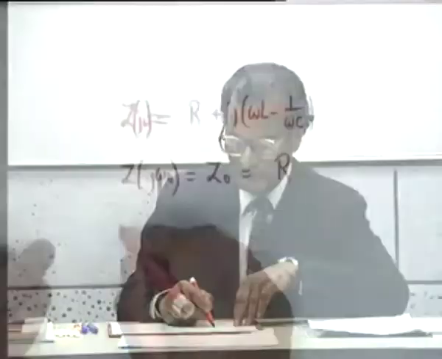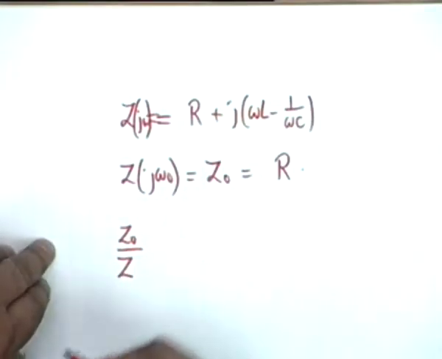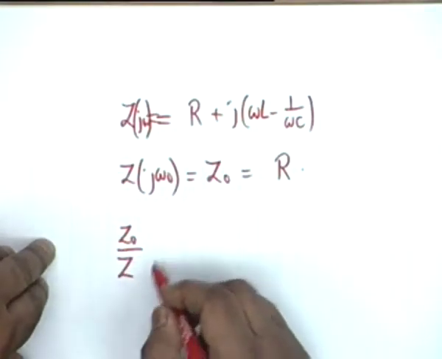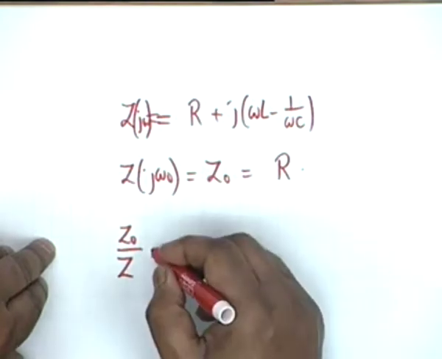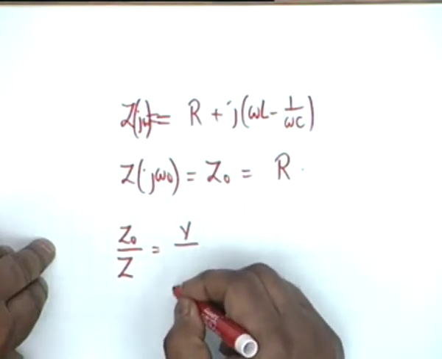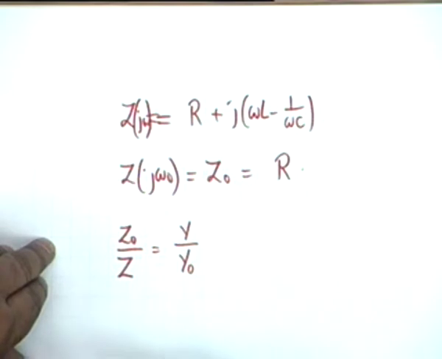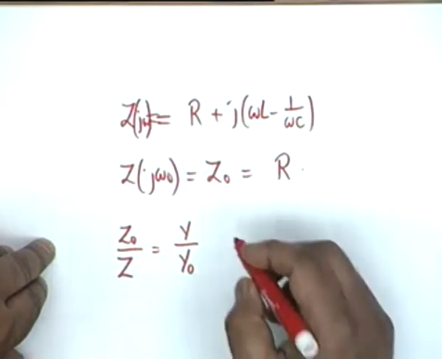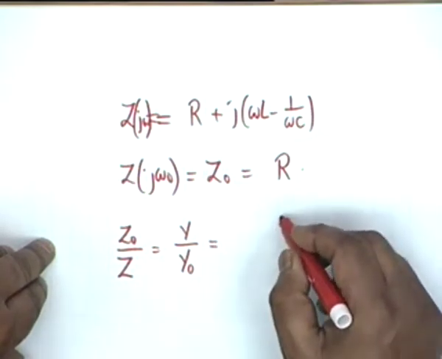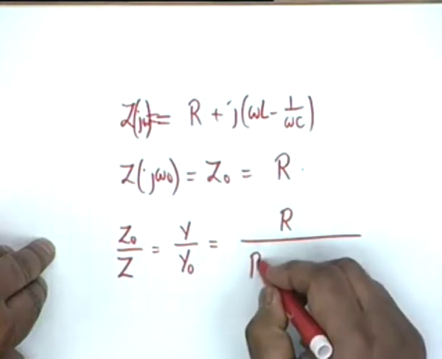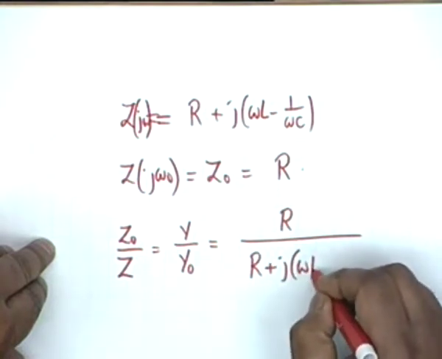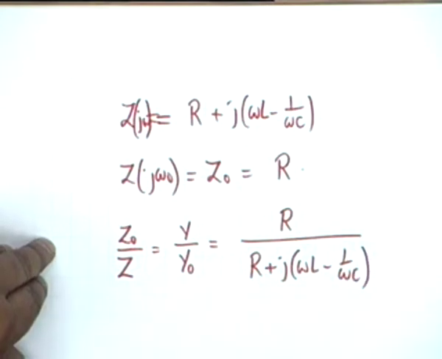So what we do is we divide Z0 by Z. Obviously this ratio will be dimensionless, and you can see that this will be the same as the admittance to the admittance at resonance, and you can express this as R divided by R plus j omega L minus 1 by omega C.